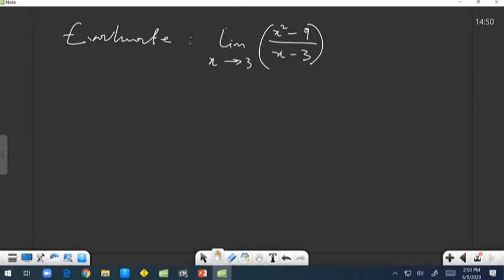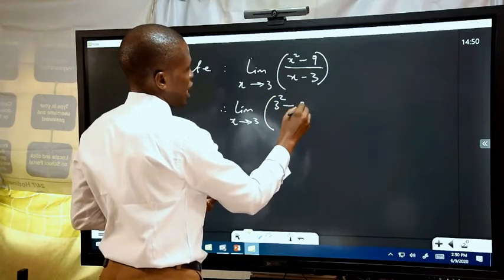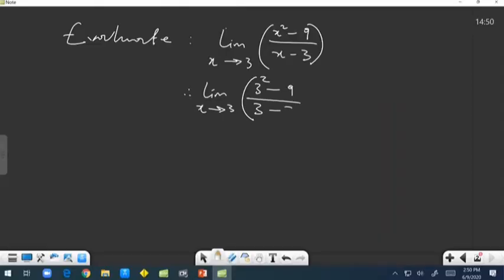That means what we are looking for is the value of this function as x approaches 3, or we say as x tends to 3. So as x tends to 3, that is x equal to 3, we substitute. If you substitute this, we have 3 squared minus 9 divided by 3 minus 3. The answer here will be 9 minus 9 divided by 3 minus 3.